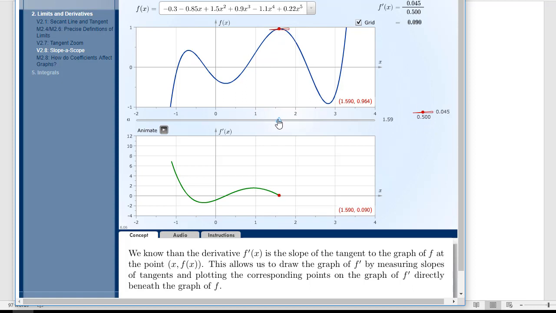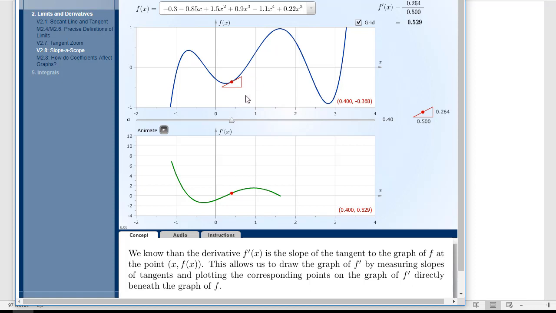Now I want to back up for a second and talk about this little segment. So here we start with a slope of 0. That's an x-intercept. Now as we slowly move to the right of that point, the slopes become positive, and they're relatively small numbers. So we look down here, the slopes are positive y values. So I have y values that are positive, and they're relatively small positive y numbers. It looks like between 0 and 1 are my slopes here.